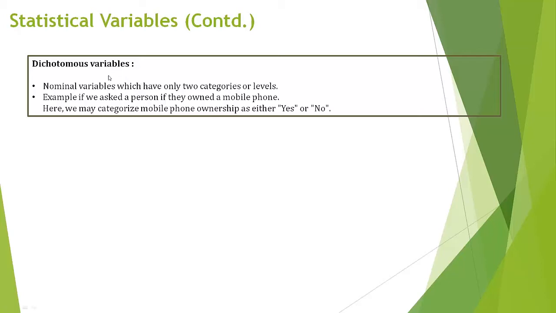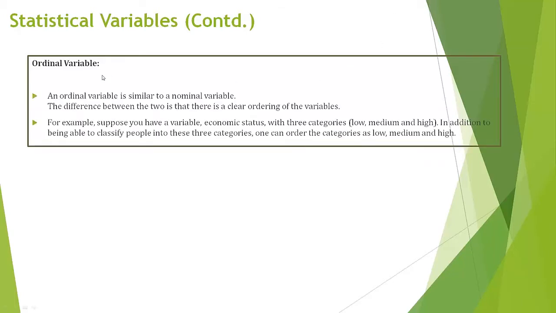These are categorical dichotomous variables. Ordinal variable, as we have seen, you can order them. One example is low, medium, high. Three categories. It could have any number of categories, but you will be able to rank them or order them. So that is an ordinal variable.